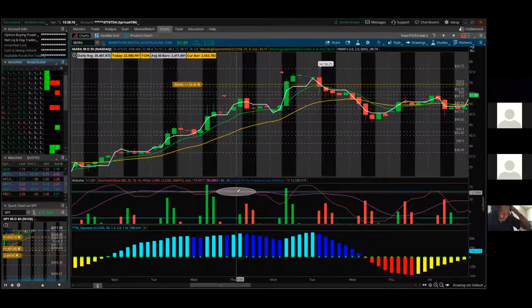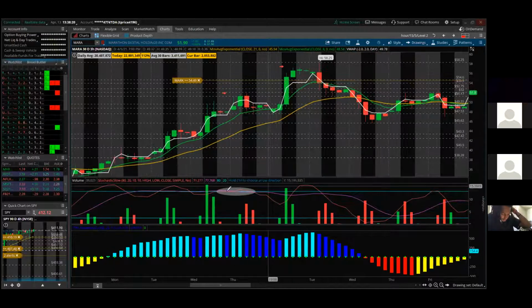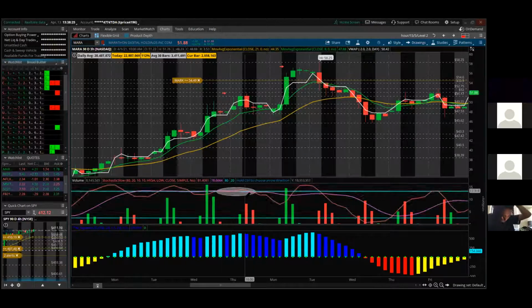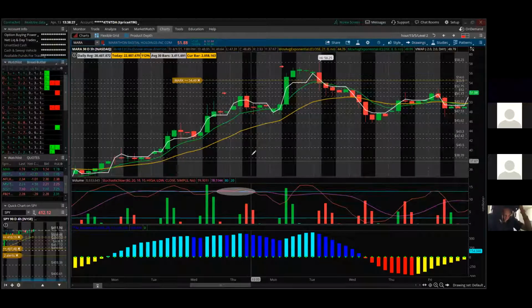Don't just sell it because it's above this line, right? Because technically speaking, it did not cross anything at all. Like there was no bearish consensus. The only bearish consensus was right here and this candle only. But there was no actual sell signal. The actual sell signal did not come in.